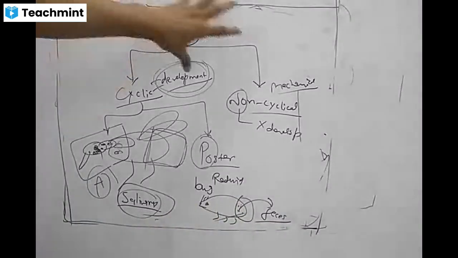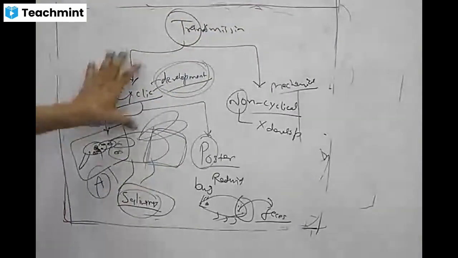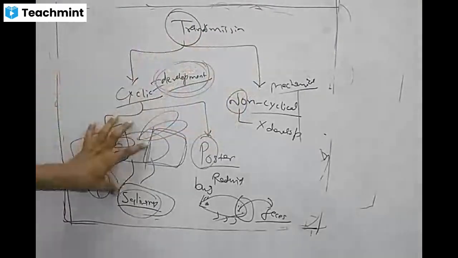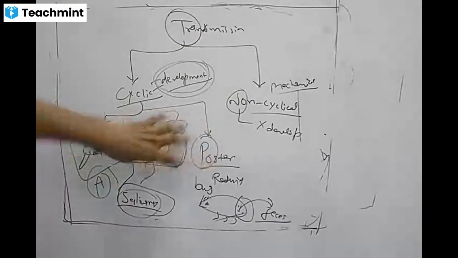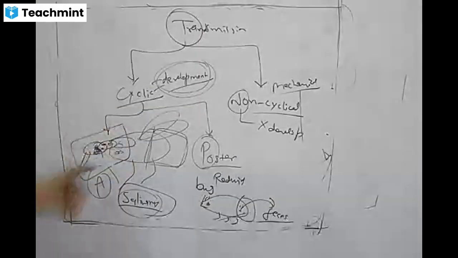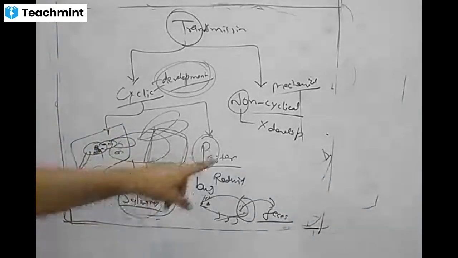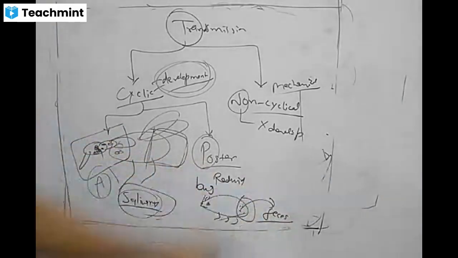So this is known as transmission related to your trypanosome. That may be cyclical, that may be non-cyclical. Cyclical means there is development, that may be in the anterior part of your insect or in the posterior part. If anterior part, then it will inoculate through the saliva. If it is in the posterior part, it will inoculate through the feces.